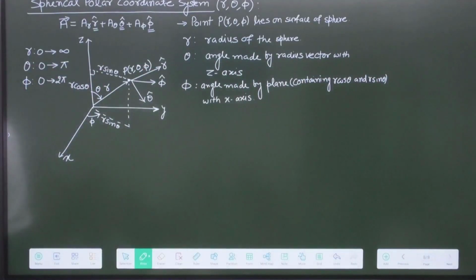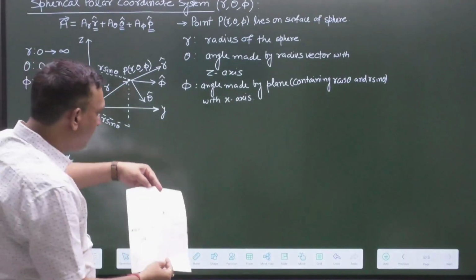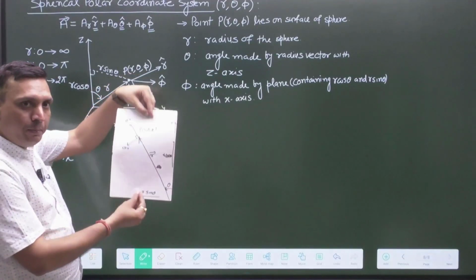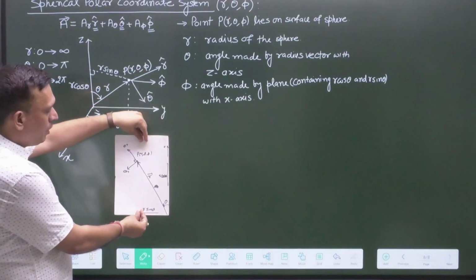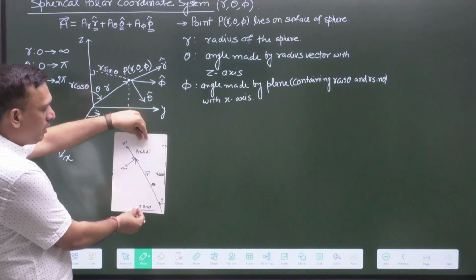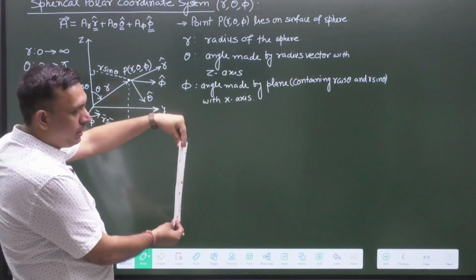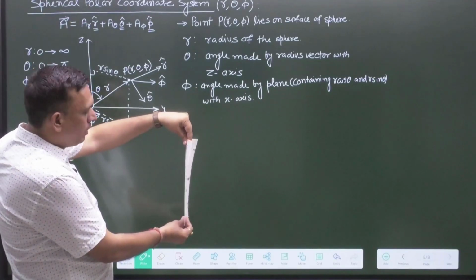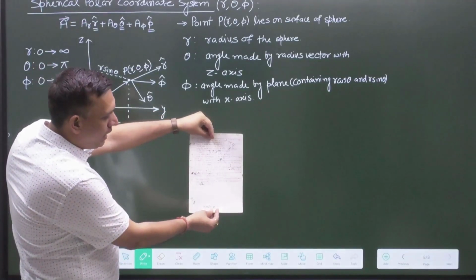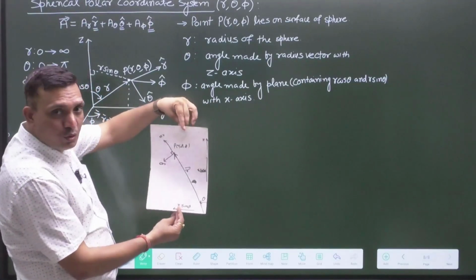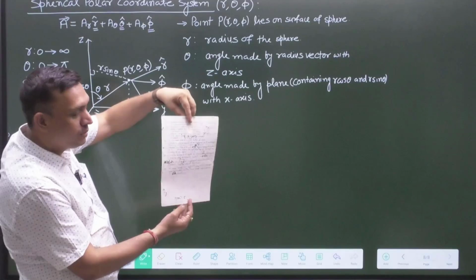But what about phi? Phi is the angle made by this plane with the x-axis. So when it is parallel to the xz plane, what will be phi? When it is parallel to the yz plane, pi by 2. Again pi, 3 pi by 2, 2 pi. So you have to rotate this.